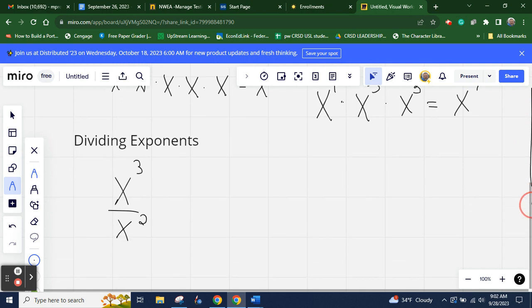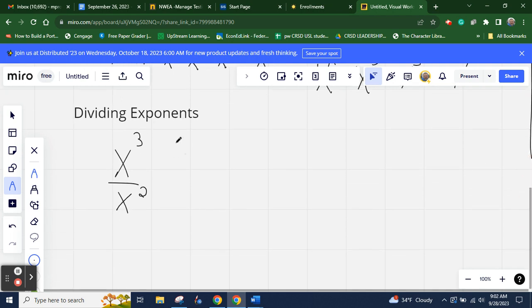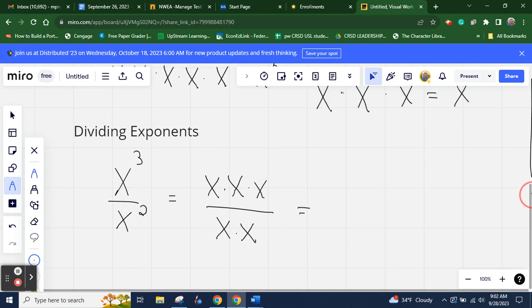Okay, then we have division, a little bit different. Here, if we have x to the third over x to the second, if we were going to write this out, we'd have x times x times x. On the bottom, we would have x times x, okay? Let me show you how we would do that with numbers instead of letters.